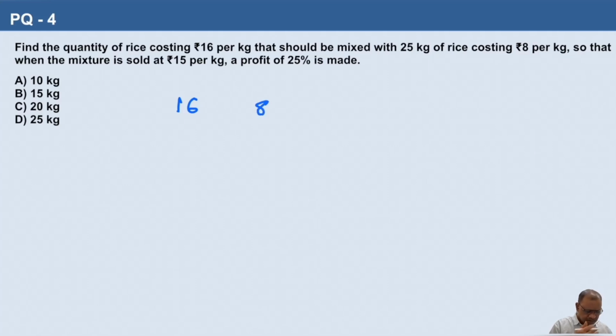And the cost price of the mixture we don't know, but we know the selling price. So let us assume the cost price is X. So when the mixture is sold, the profit is 25%. So that means the cost price should be multiplied by 100 plus 25 by 100.